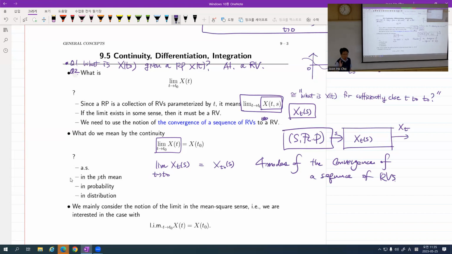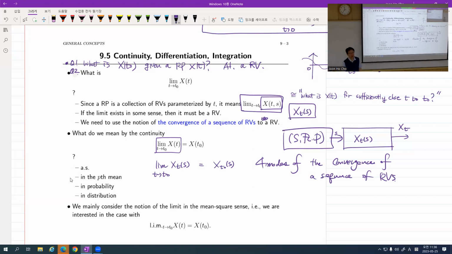Of course, we can never cover every convergence issue in this course or in any course. Most engineering courses talk about this one, especially p not only greater than or equal to 1, but 2.